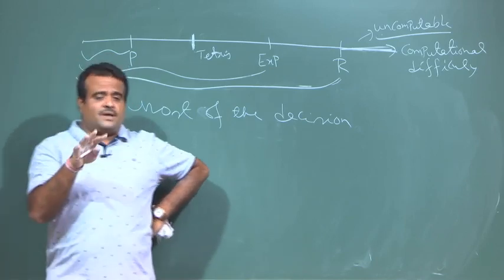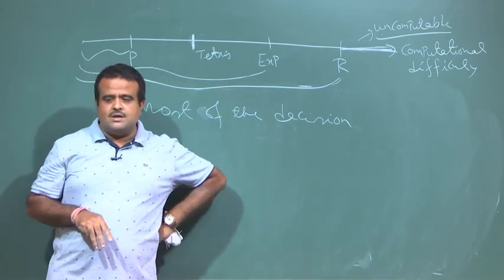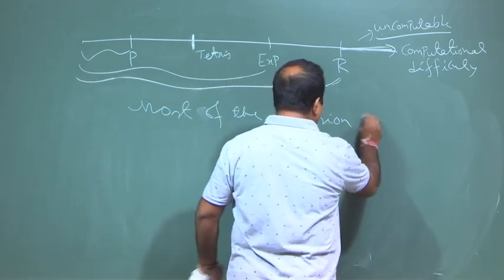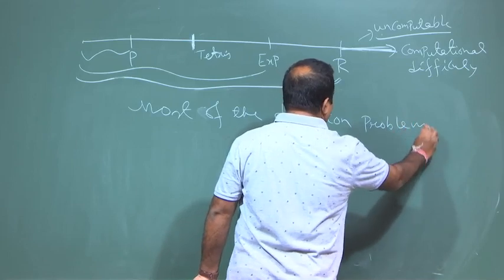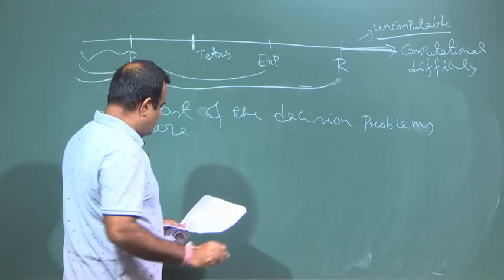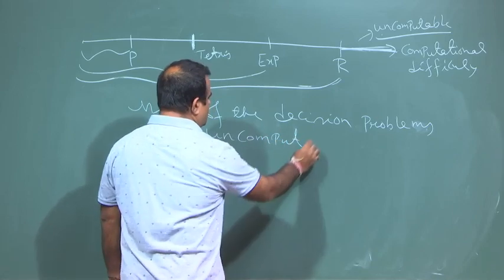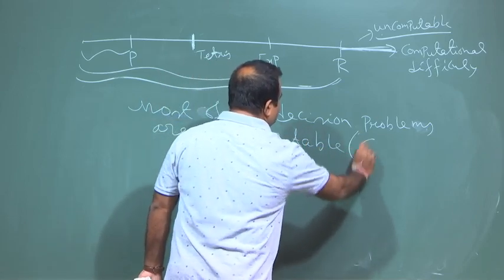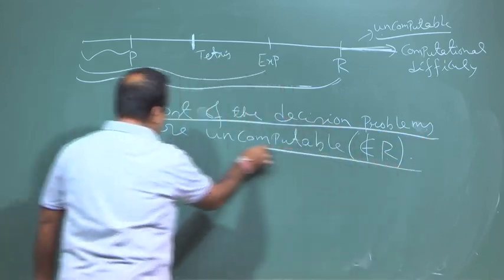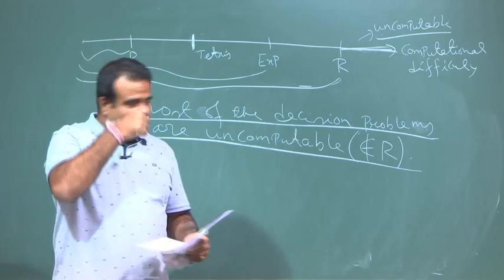Every problem, most problems, have a decision version. So most decision problems are uncomputable, that means not in R. Okay. So what is a decision problem?